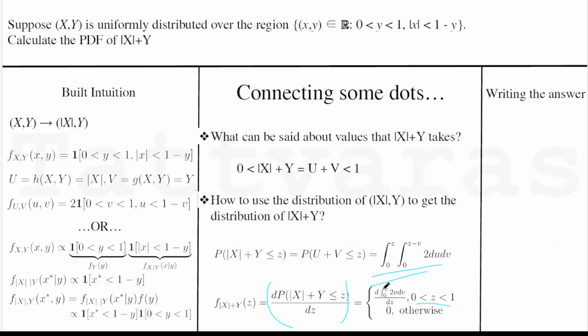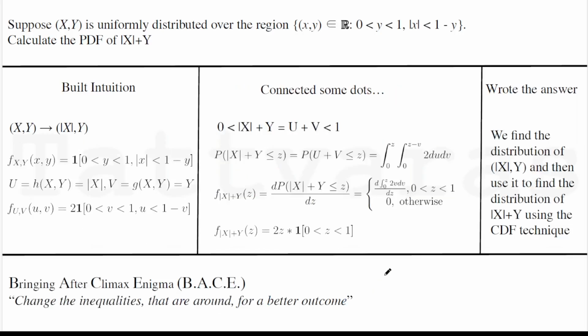And that's it. When we differentiate, we see that what we get is this for the region when z is between 0 and 1. And hence that is going to be our PDF as well. So the univariate distribution of mod x plus y is, if I'm not wrong, Beta(2, 1), because this PDF is basically the structure of Beta(2, 1).